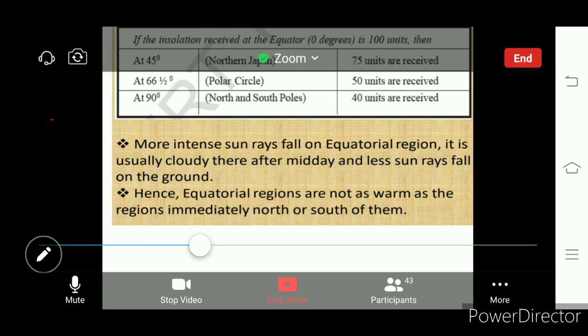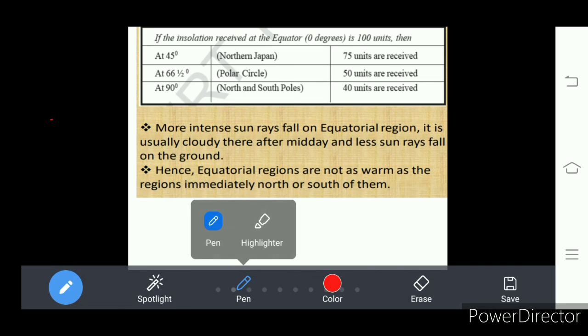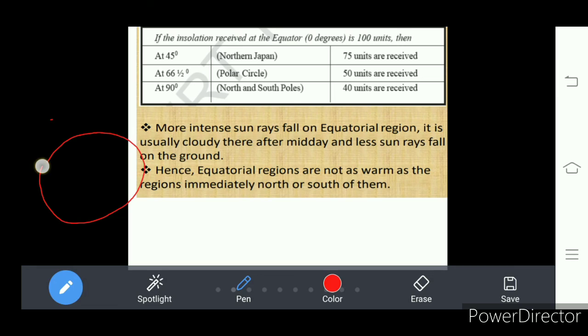Let me show you what is meant by tropical zone. Okay, look at here. This is our Earth, what I am drawing. You know that the middle circle is the equator.